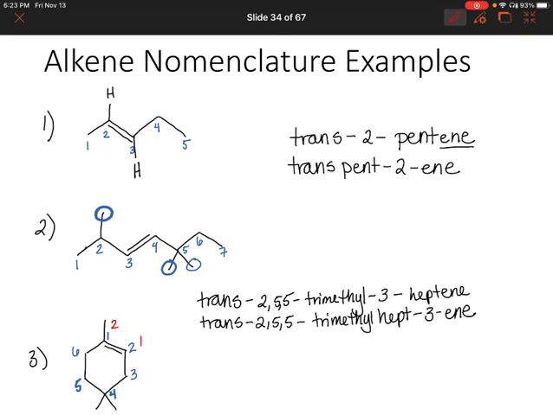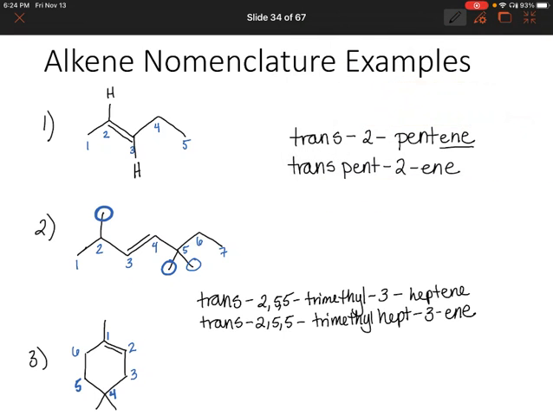So that's the better numbering scheme. So in this case, we kind of had to think about the double bond and the substituents at the same time and make sure that everyone gets the lowest numbers possible.